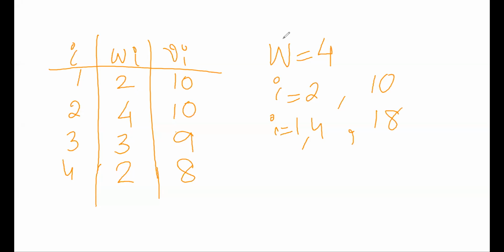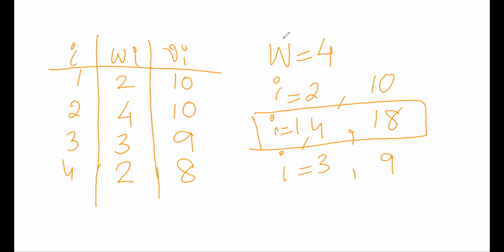Okay, so there are only two possibilities of weight. Under 4, you can have either 4, or you can have 2 and 2, or you can also have item 3, you have a profit of 9. Obviously, this is the maximum, so this is the best choice. But this is not how we will do it, trying all permutations and combinations.